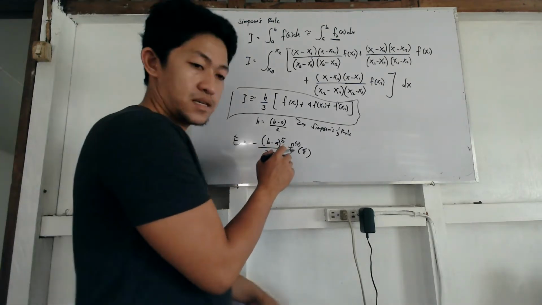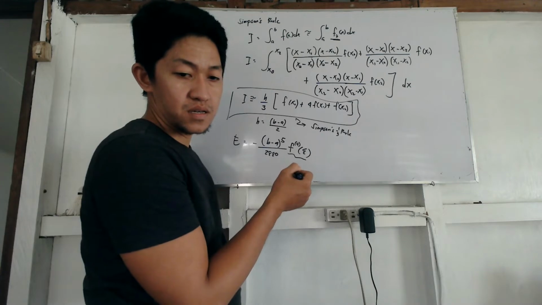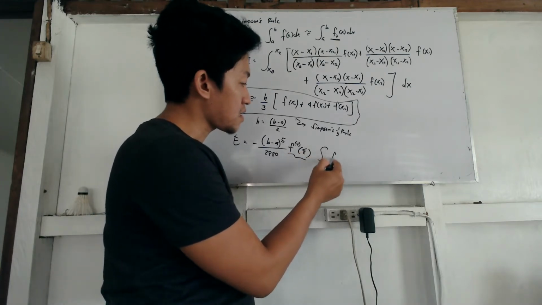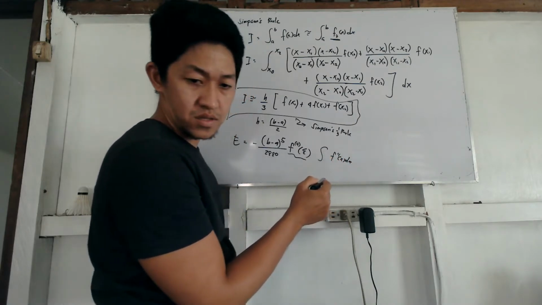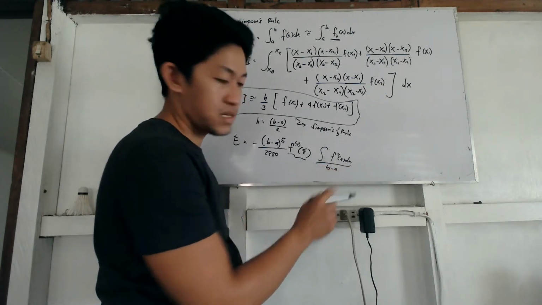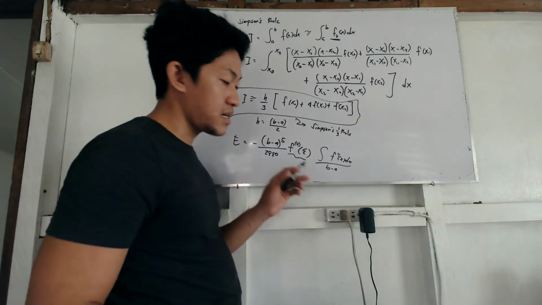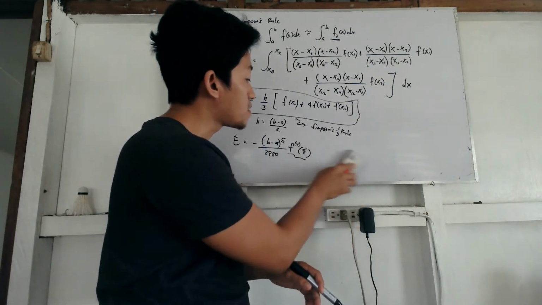Again, to evaluate this, you need to get the integral of the fourth derivative of the function and then divide by b minus a. Okay, it's like what we did for the trapezoidal rule.